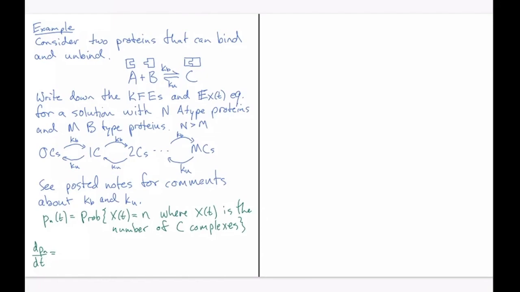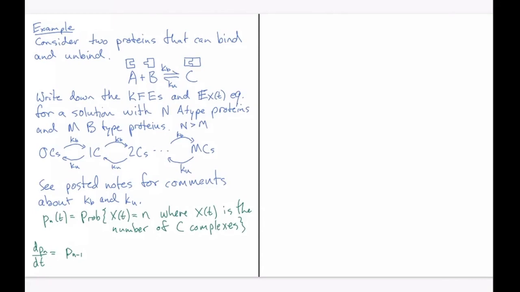So we have a term that comes from the probability of there having been n minus 1 C molecules before, and when there's n minus 1 of them, we move forward at a rate kb, and there are, now how many different possible ways are there of moving forward from n minus 1 complexes to n complexes?